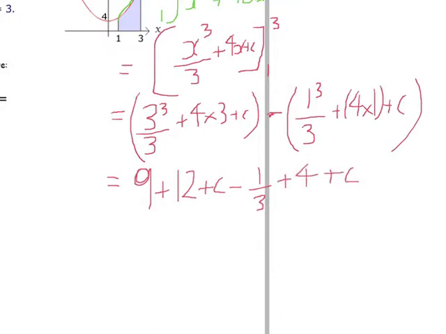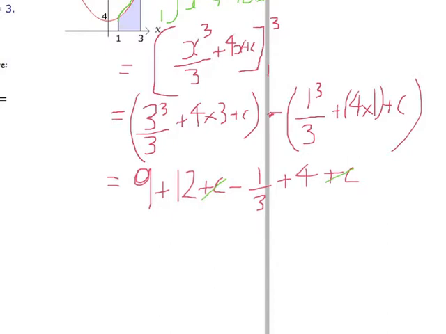Now what you should notice, and this will always be the case, is you've got the plus c and you're going to have a minus c, which means the constants will always cancel out. Remember that constant from core 1 enabled us to find out the exact equation for the curve we originally started with.